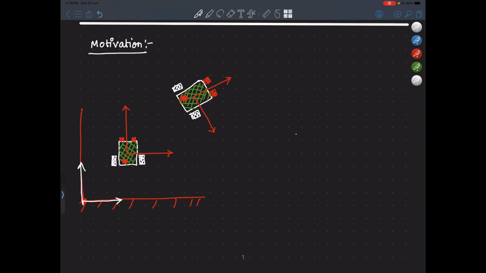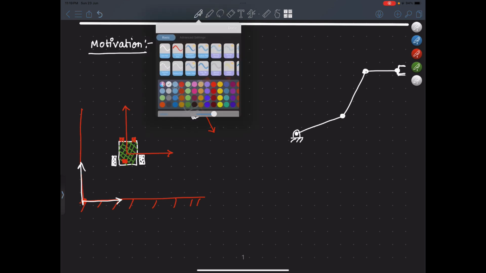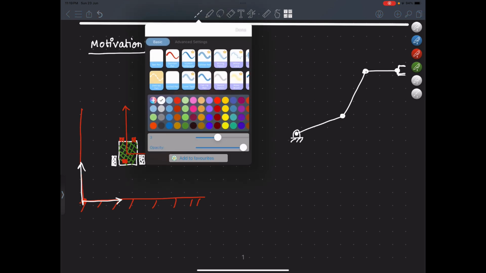Another example that you can think of is that of a manipulator. Let's say I have a 3R manipulator which moves in a plane itself, and at the end there is an end effector. So let's say after some time it rotates, and let me just show it with a dotted line.